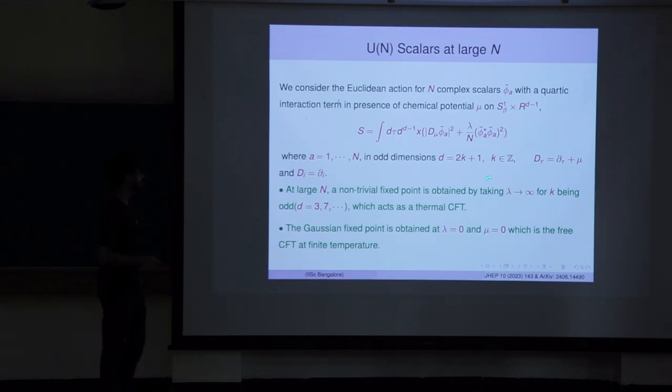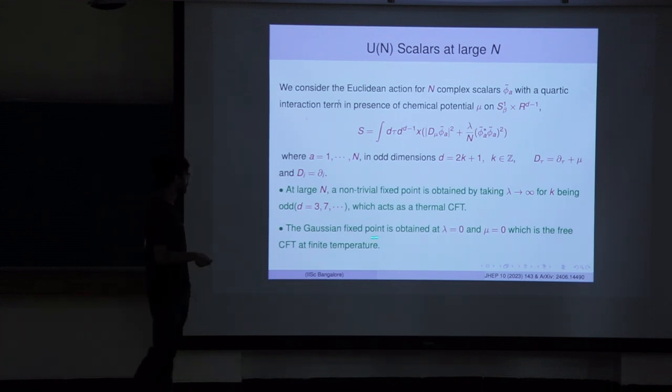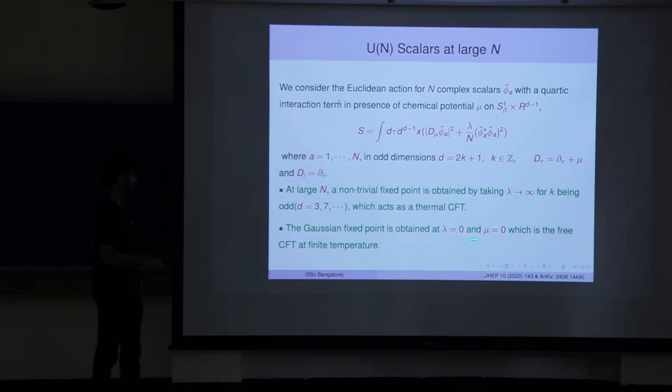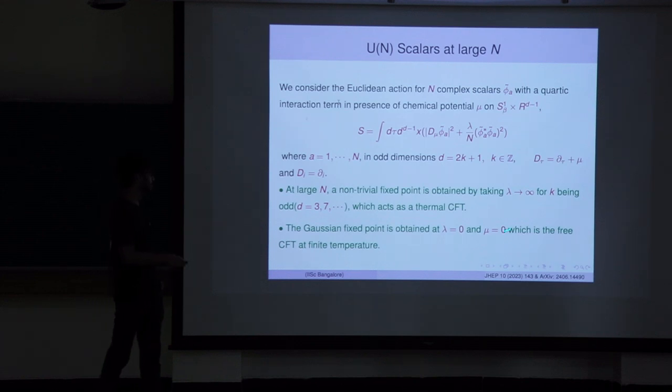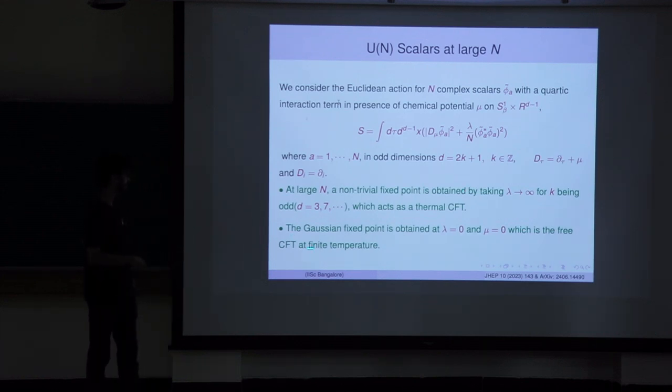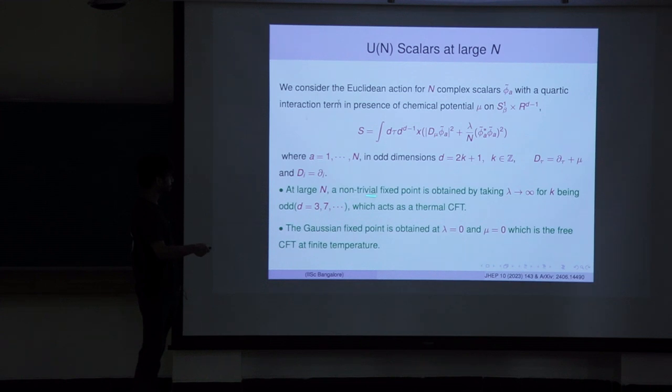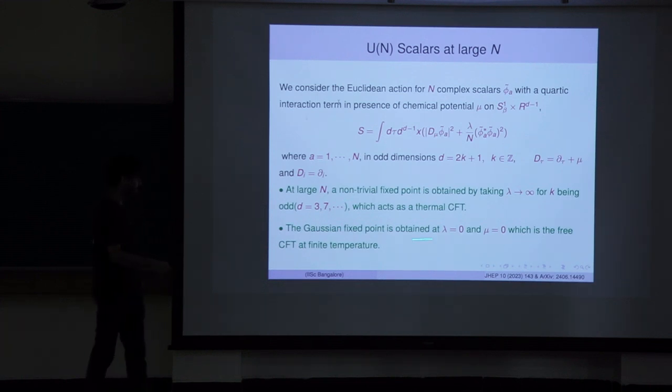Okay, and also for clarification, I should mention that by putting lambda equal to 0 and mu equal to 0 in this model, you will recover the free bosonic CFT at finite temperature. So these are the two points: one is the non-trivial fixed point I specified, and the other is the free CFT point obtained by this.